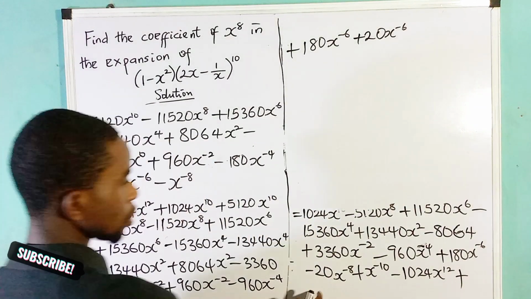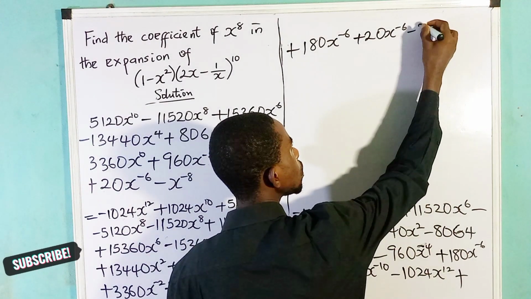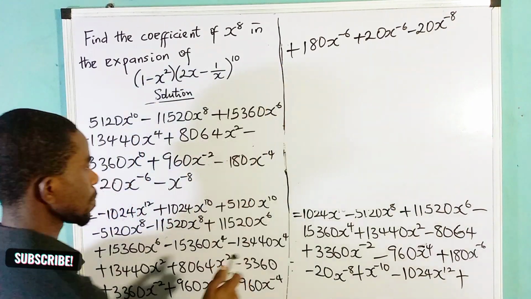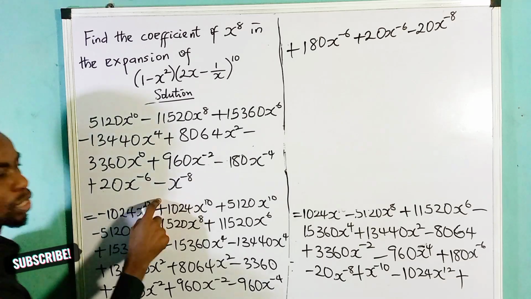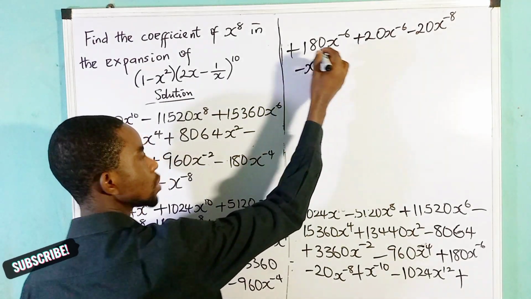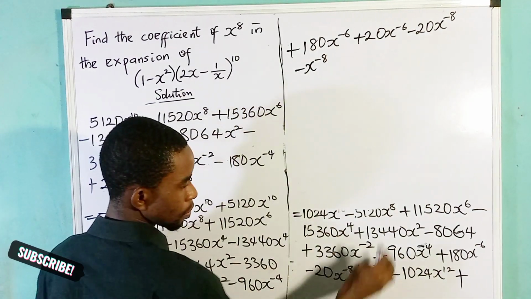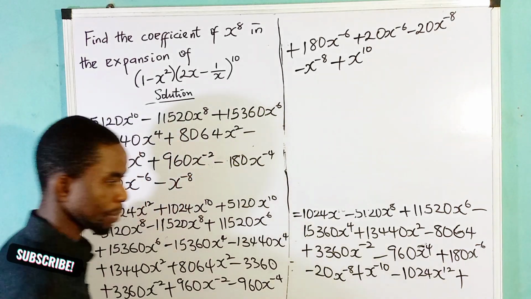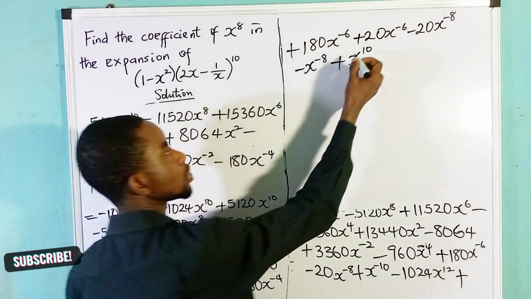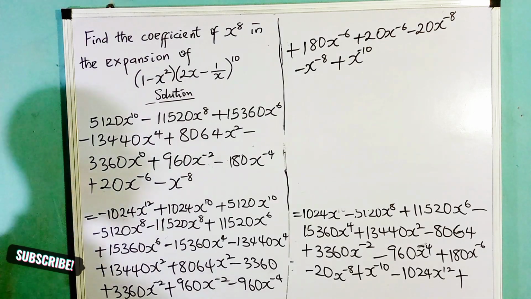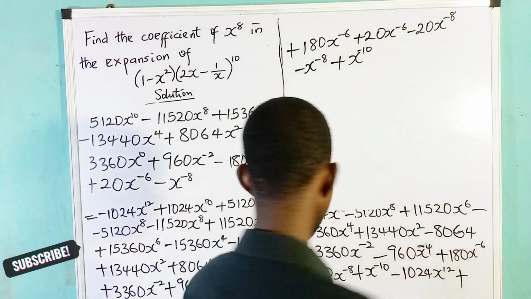We also have minus 20 x raised to power minus 8 and then minus x raised to power minus 8 plus x raised to power minus 10, sorry. So that's all. Now let's add and let's subtract.